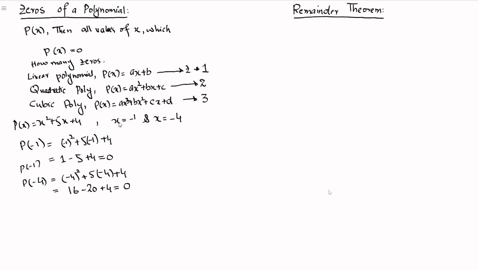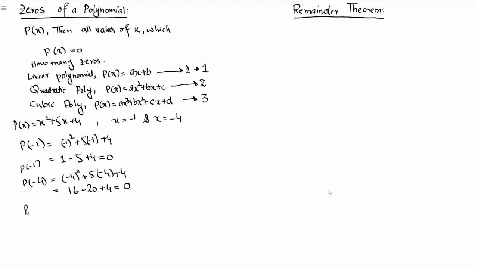So it means that x is equal to minus 1 and x is equal to minus 4 are zeros of this polynomial. This is a quadratic polynomial, which is an order 2 polynomial, so we have two zeros.